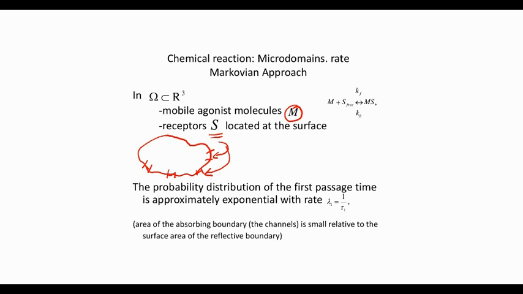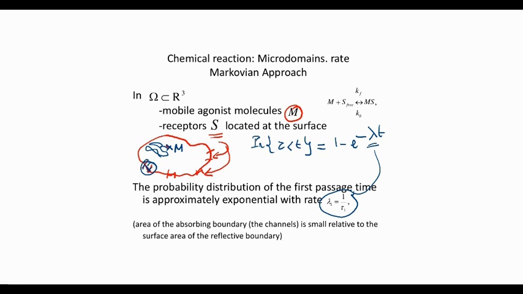So what we know is that if we have, let me draw it in blue, a molecule M moving by Brownian motion, because the sites here are small, that is, the aspect ratio of this over the total domain is small, you can approximate that the time to reach a small hole is well approximated as Poissonian, which is 1 minus exponential of lambda t, and the rate lambda is exactly 1 over the mean first passage time.